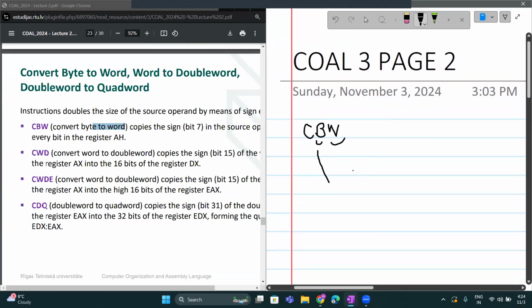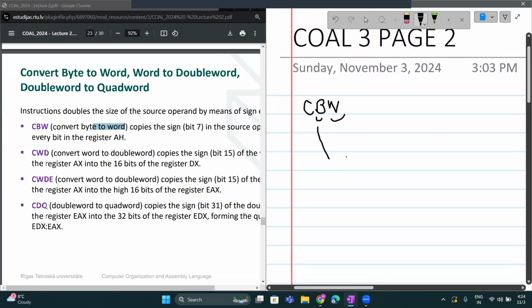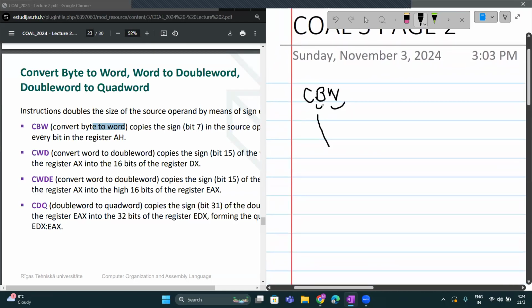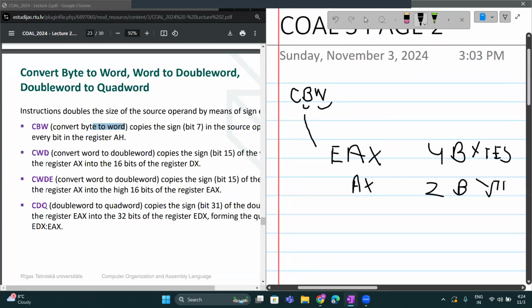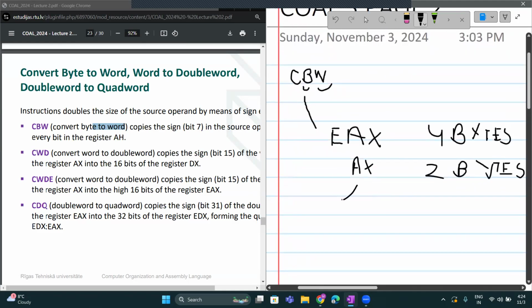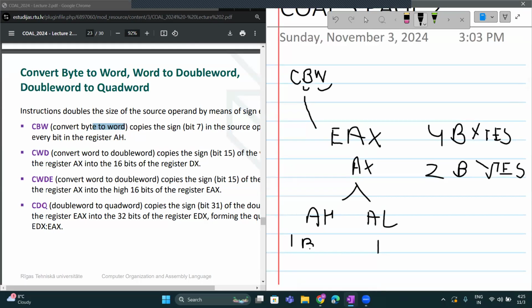CBW always works on the EAX register, but what is a byte in an EAX register? EAX is altogether 4 bytes. AX was 2 bytes, and AX was also divided into 2 parts, AH and AL, which is 1 byte each.